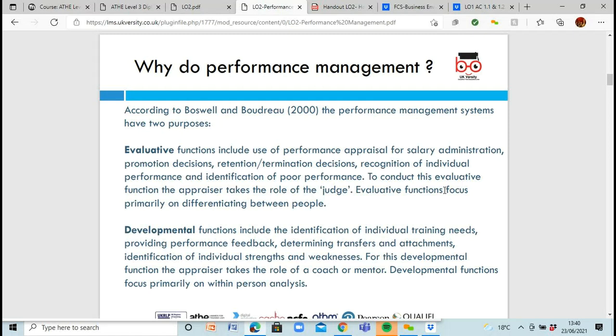So in simple terms, the best way to explain this is, when they're asking why do we actually have performance management, there's two reasons. The first one is to evaluate you, and the second one is to develop you. Evaluation just means they're checking your performance, how you work, how you're meeting a target. They're seeing, is Vicky doing a good job?